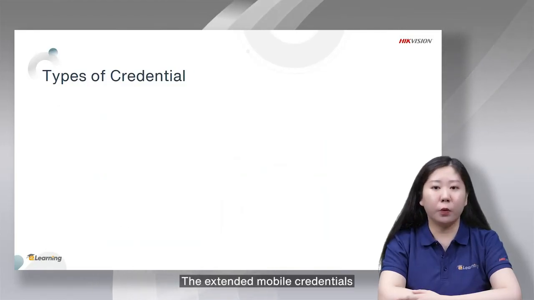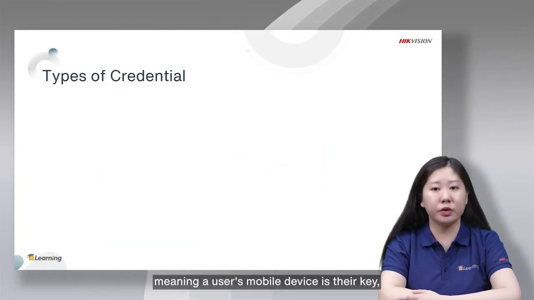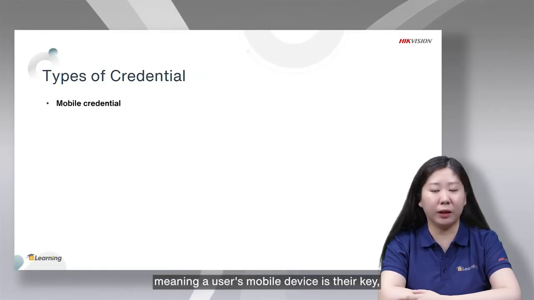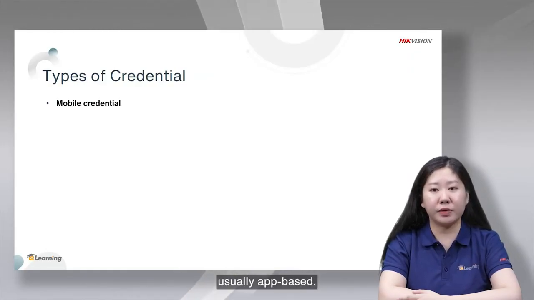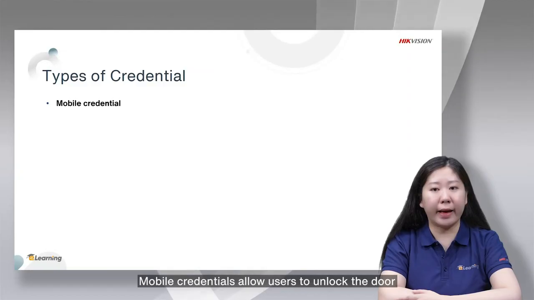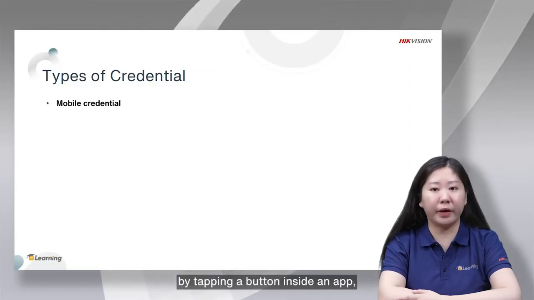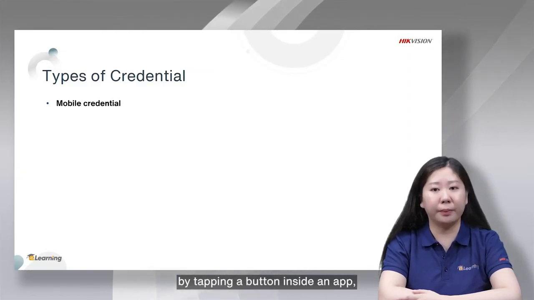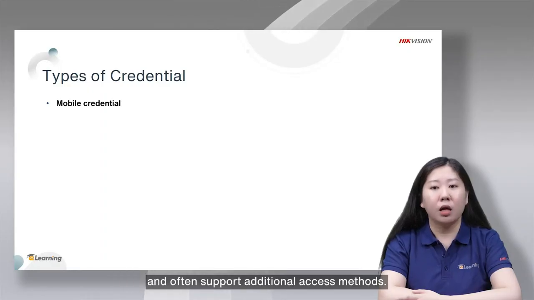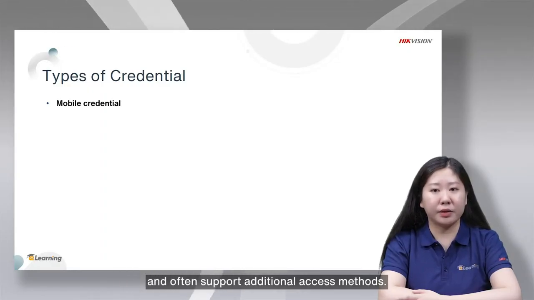There are also mobile credentials, meaning a user's mobile device is their key. Usually app-based, mobile credentials allow users to unlock the door by tapping the button inside the app and often support additional access methods.